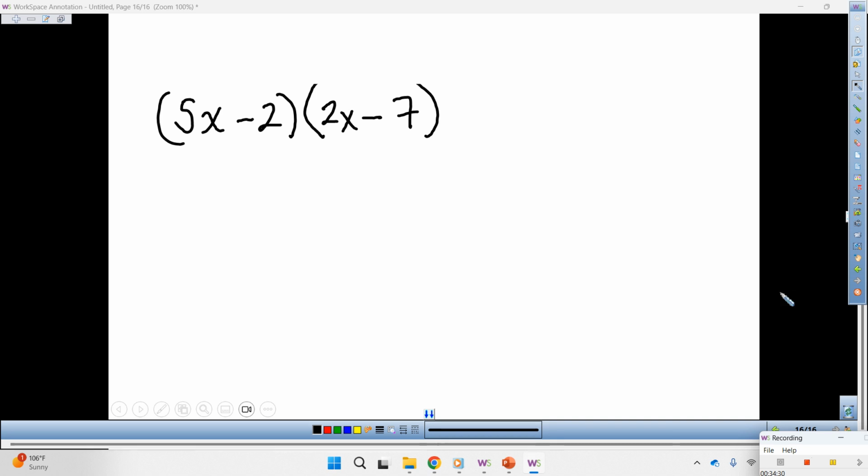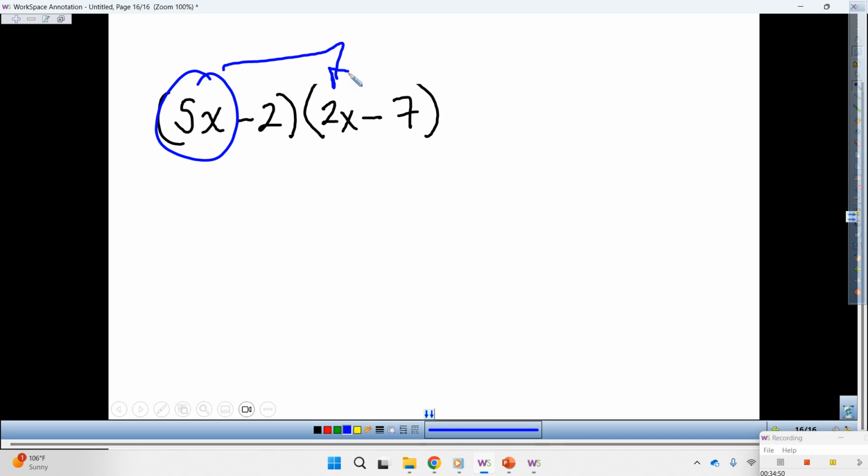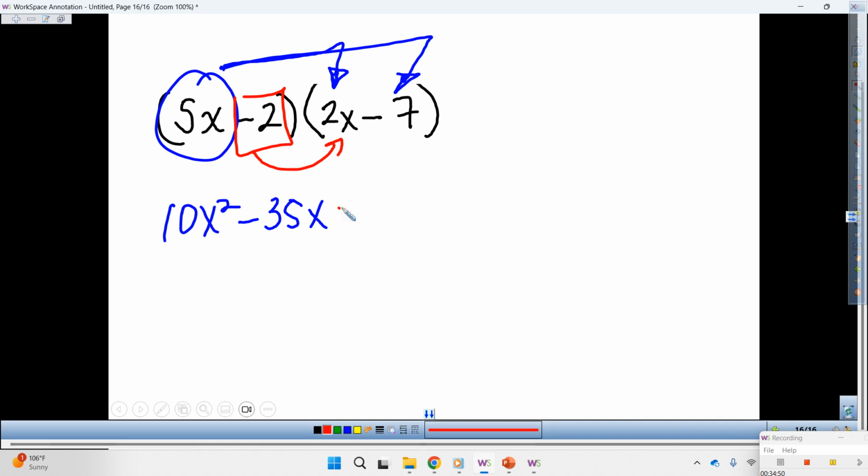All right. Okay. Let's try, how about Kelly? Help us out. Which method did you use, distributive property or area model? Distributive, okay, so help me out. 5x times, that becomes plus 14.